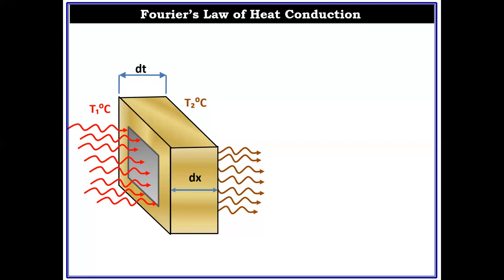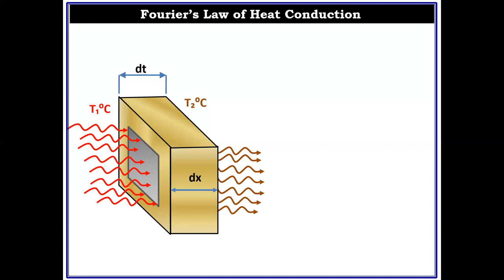This area is the cross sectional area, or the area normal to the direction of heat flow. That means heat transfer rate depends on area also. If area increases, heat transfer rate increases. So we have three parameters: dx, temperature difference dT, and area.